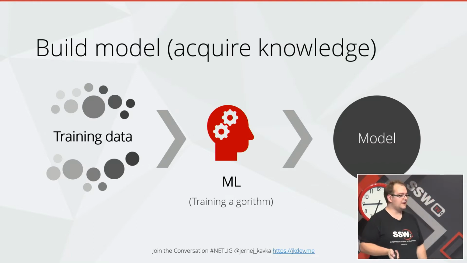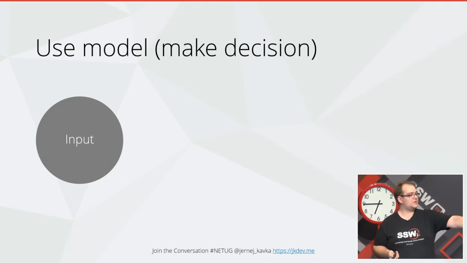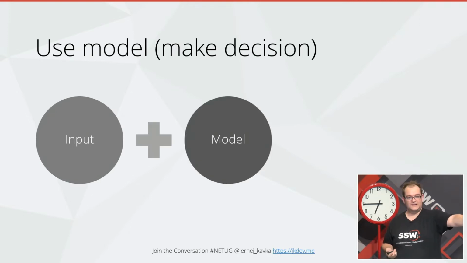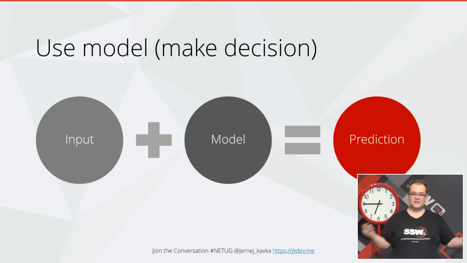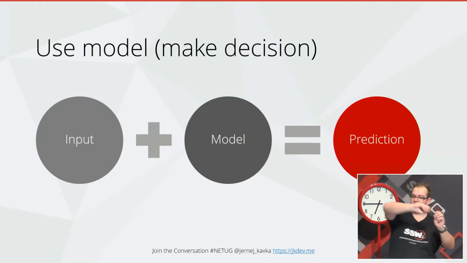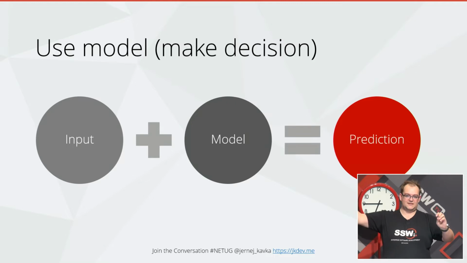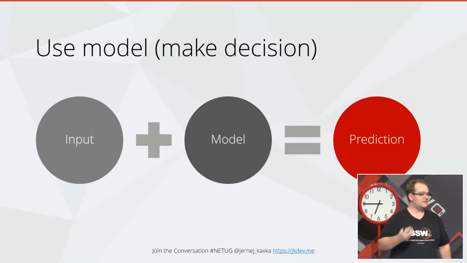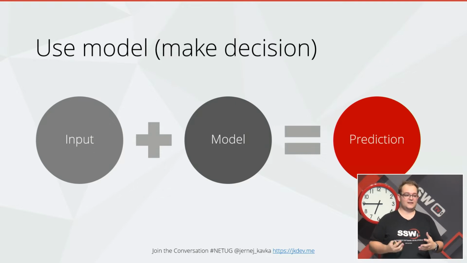And this model then, if we add an input and feed it into the model, we get a prediction. So you can imagine that the input is transformed into an answer with the help of the model. So the hardest part is getting the model. Once you have a model, you basically solve the entire machine learning problem.